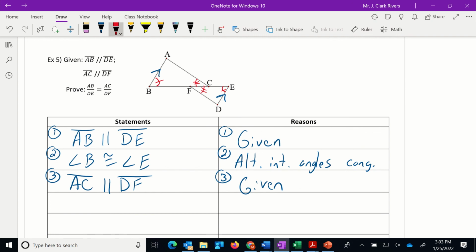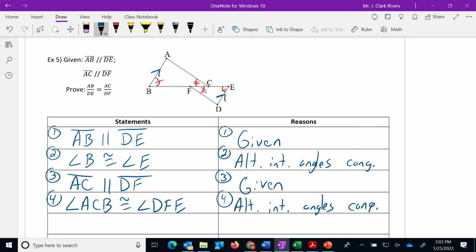I'm glad you didn't call that angle C and angle F, because there's multiple angles occurring at each of those vertices. So you have to call it by the 3-letter name. ACB is congruent to angle DFE. And that again is alternate interior angles are congruent.